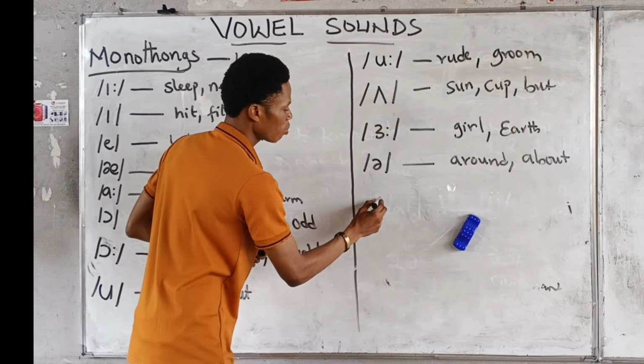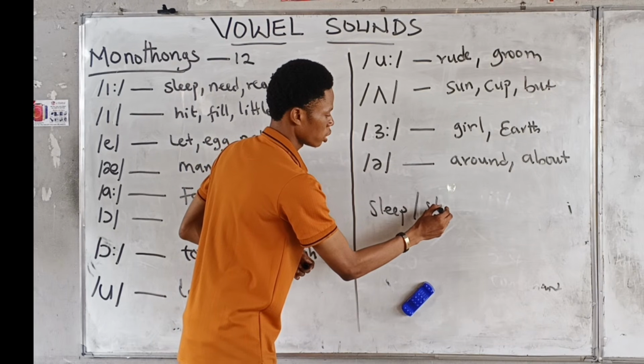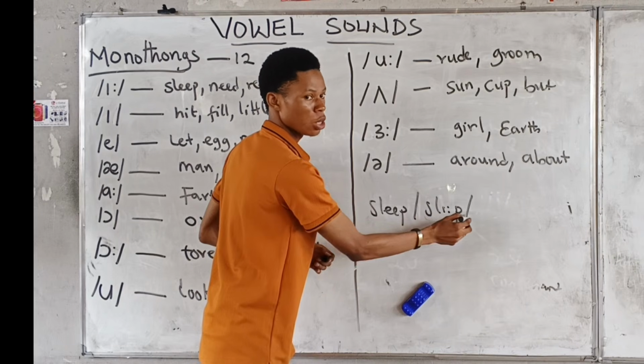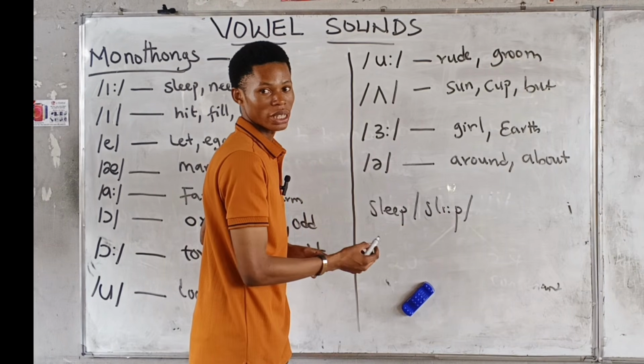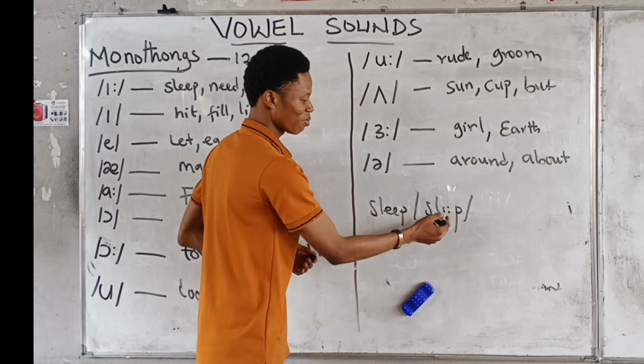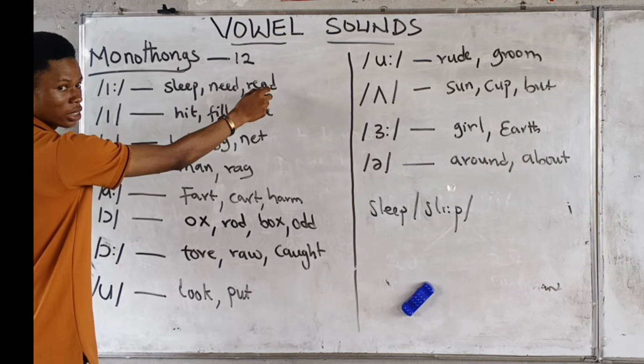Sleep. So if you are transcribing this, E, sleep, sleep. When I want to say everything fast, sleep fast, sleep fast. It's sleep. Alright. Now the next, need, read.